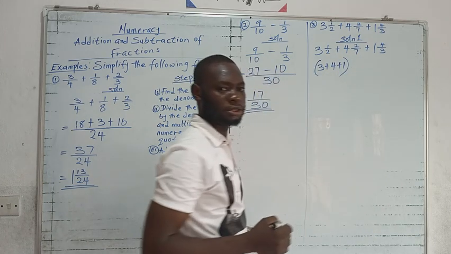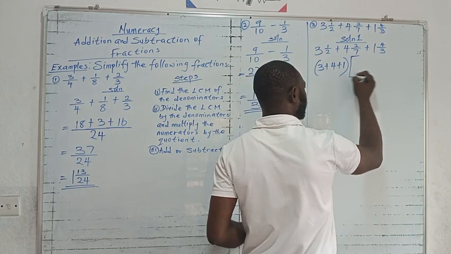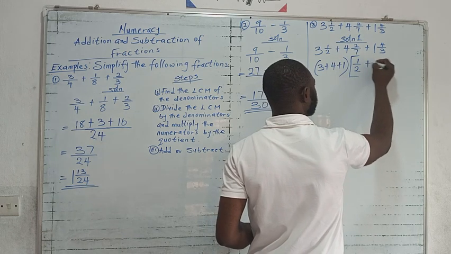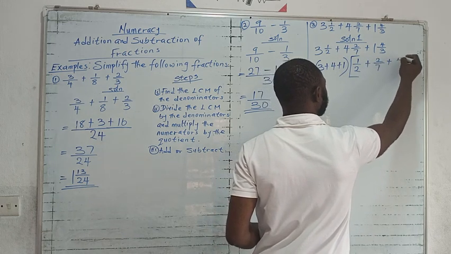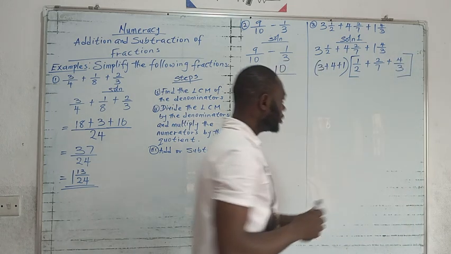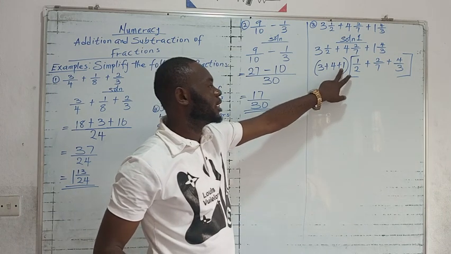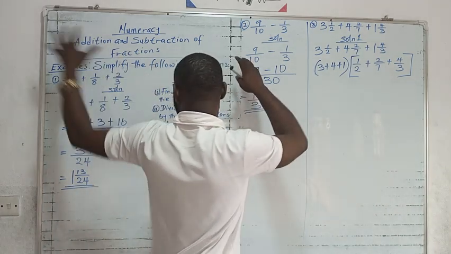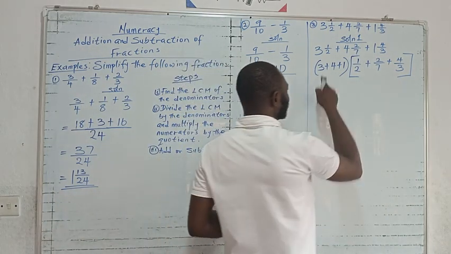These are the whole numbers, right? So I'll open a bigger bracket here. What's the fraction here? 1 over 2 plus 2 over 7 plus 4 over 3. So what this approach says is, add the whole numbers together, then solve the fraction part the way we solved here. Okay? So let's go.